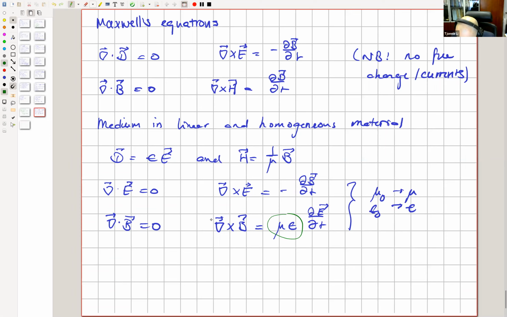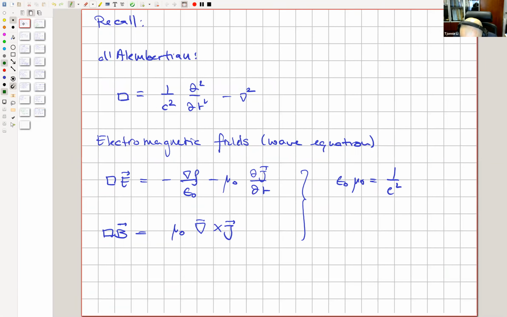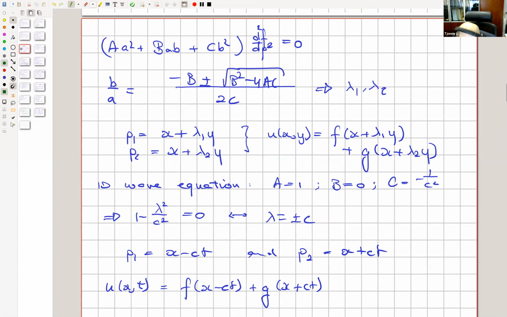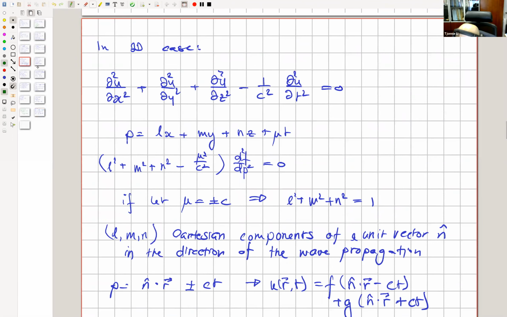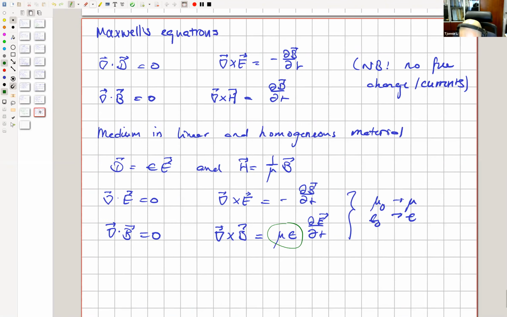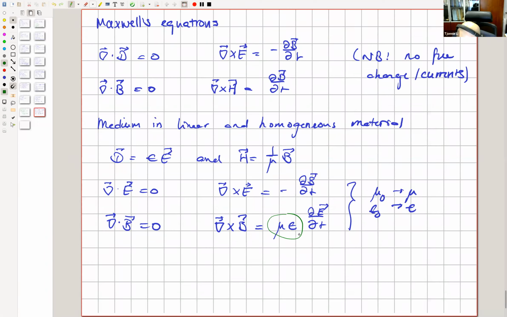So if we compare this set of equations with what we started off with, in the time varying field the only difference is that now mu naught epsilon naught is going to mu epsilon.